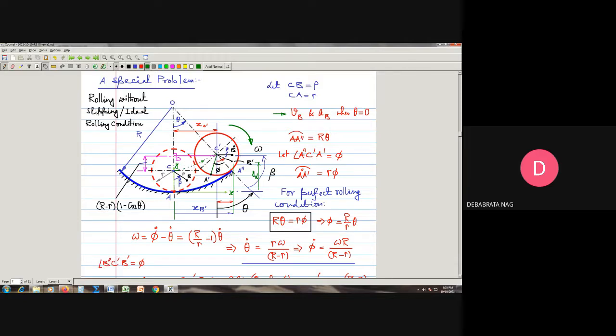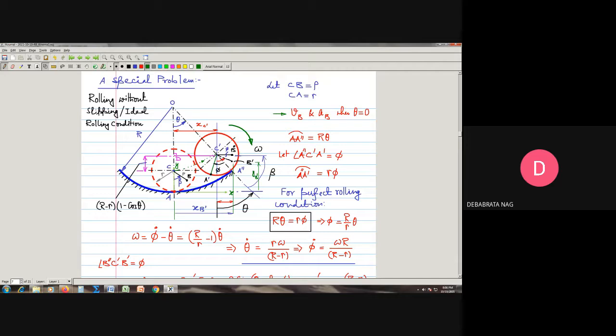So here we can consider this general situation by dragging this cylinder or sphere-like body on this surface and moving it in such a way that this point A moves to the location A double dash, and the center C moves to the location C dash. So this is the curvilinear translational component.